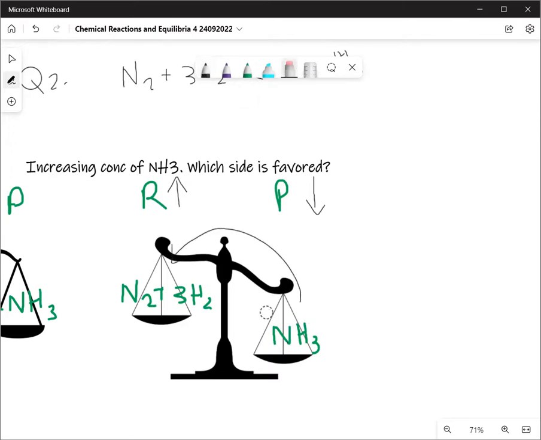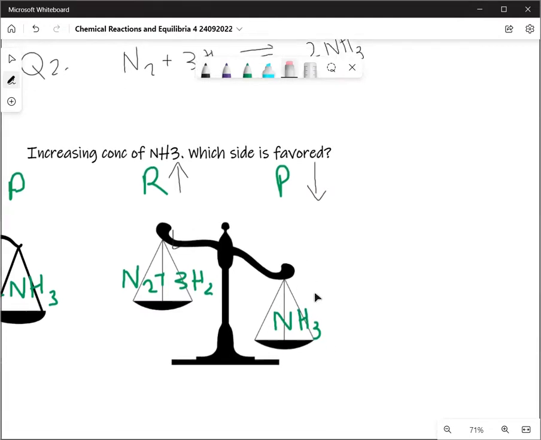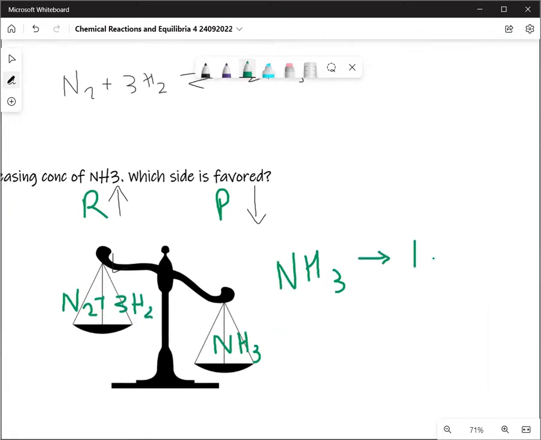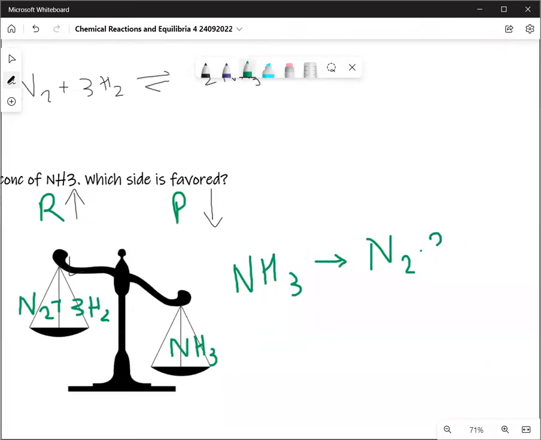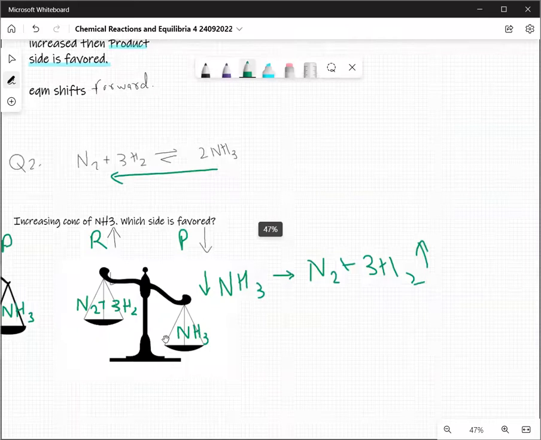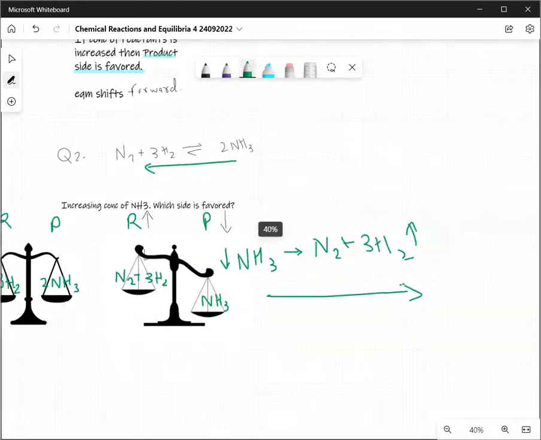Is that clear? What you're doing is breaking NH3 into N2 and 3H2, backwards. So the reaction is now going backwards. This will decrease and this will increase. This will break down and more of this will come. If that happens, then this will be balanced again.